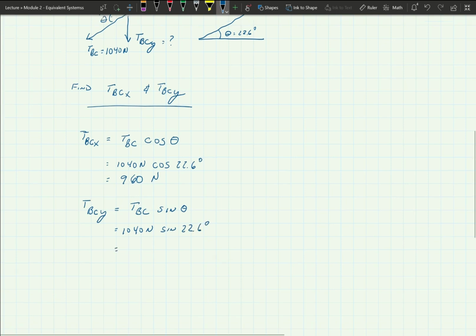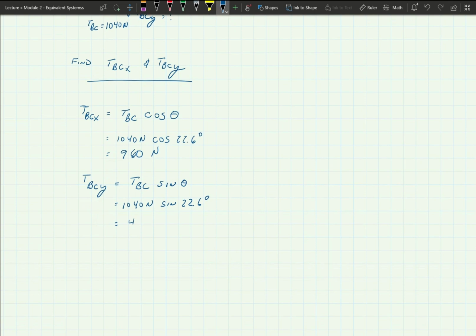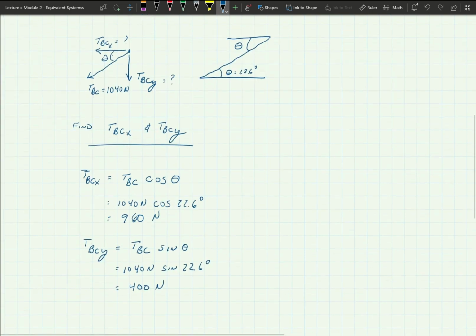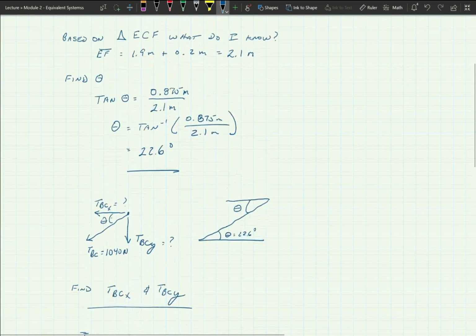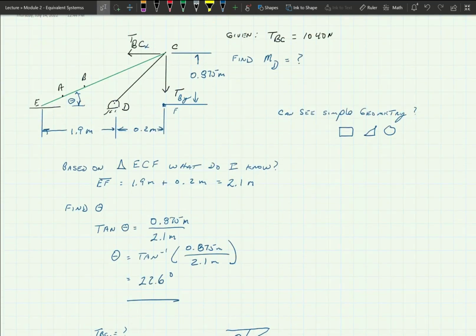And probably wouldn't hurt if someone got a calculator out and checked this, but it's 400 newtons according to my notes. Okay, cool. So what have we found? Well, we found that, we found that, we know the angle, and what we're really still looking for is what's the moment about this plane right here, or about D.